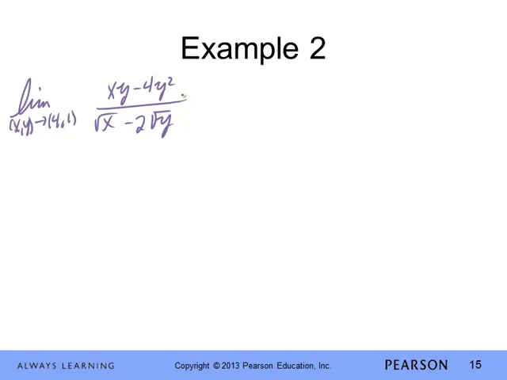Well, let's see if we can find a function that is algebraically equivalent to this one everywhere except where this one's undefined. Maybe we can factor that numerator, maybe pull out a y, or better yet, maybe we can multiply the numerator and denominator by the conjugate of the denominator, meaning multiply top and bottom by square root of x plus 2 times the square root of y.